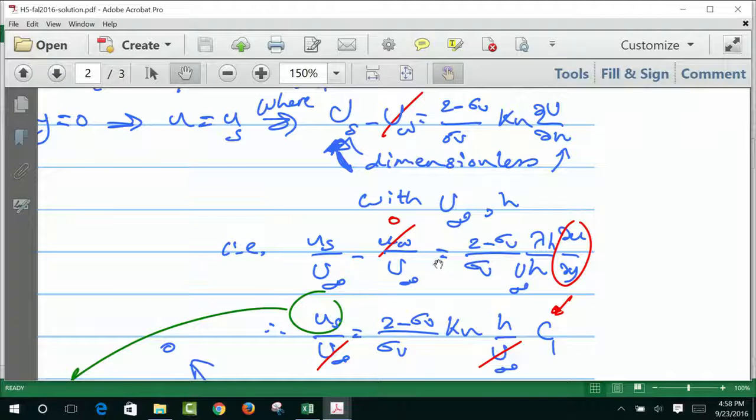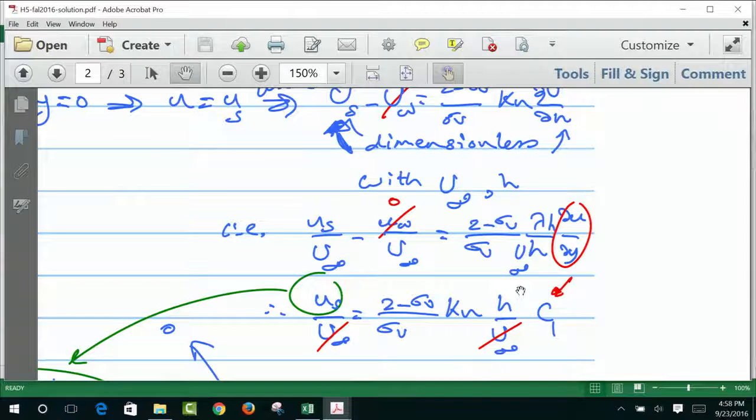To bring it back to its normal form, you just imagine this is actually u slip over u infinity, and this u is the small u over u infinity. And that Knudsen number was lambda over h, but then that n is y over h. To make y dimensionless, you have to divide over h, and that u is small u over u infinity.